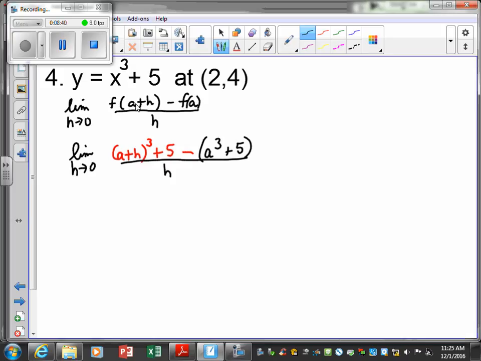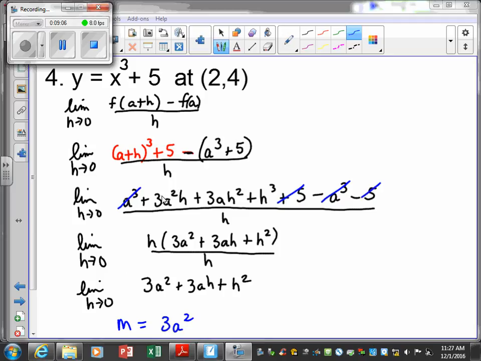Alright, so you can see this f of a plus h is what we have in red, and then we subtract out our f of a. You need to go off to the side and FOIL this out. A plus h cubed, it's rather long and tedious, and we're not going to spend a whole lot of time on that. I'm going to do it, so you could do that off to the side and simplify our numerator.